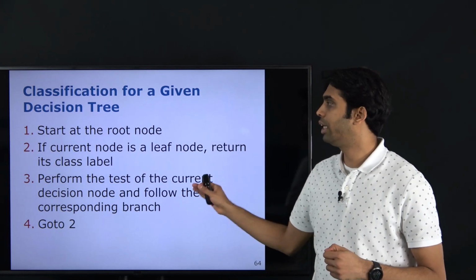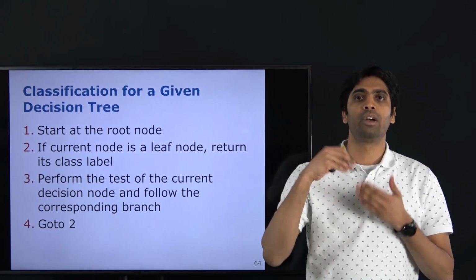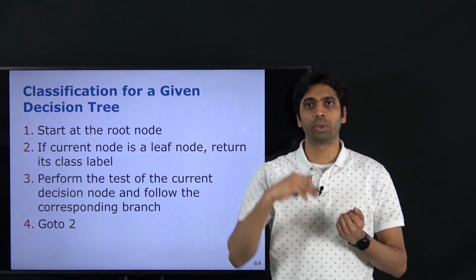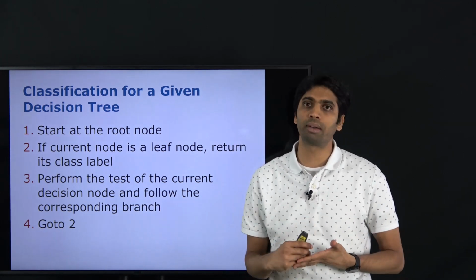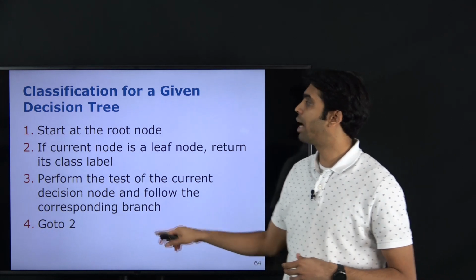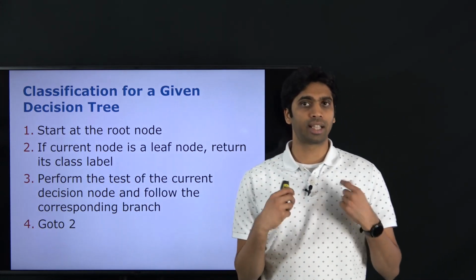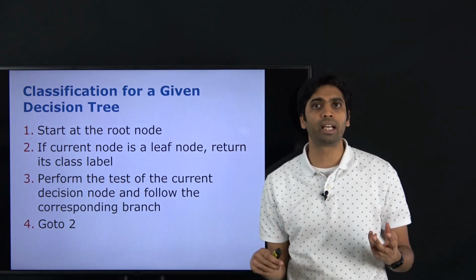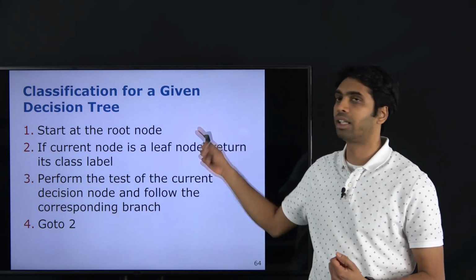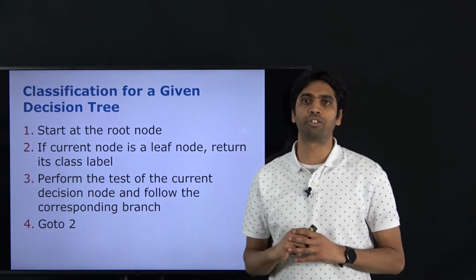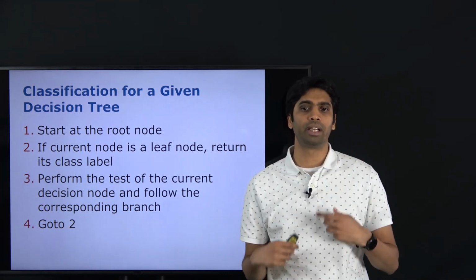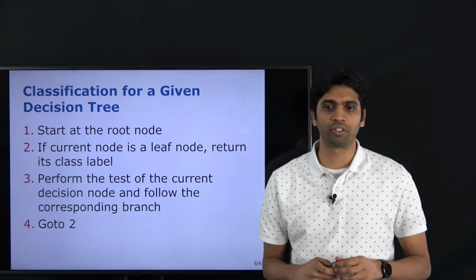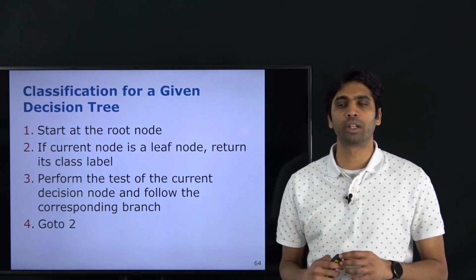But if not, then you need to perform the next test on the node that you reach through the yes branch, for example. And then you go back to question 2. You always ask, am I now in a position where I can make a determination or not? And you do this recursively until you reach a leaf node. And this is how for every new example, you can determine a predicted class for that query point.